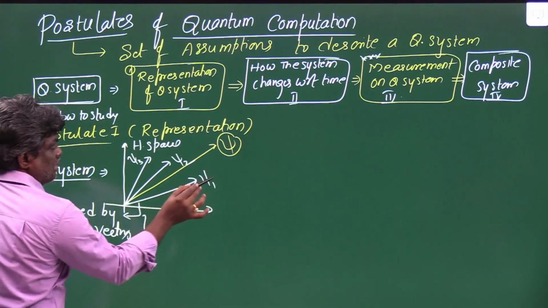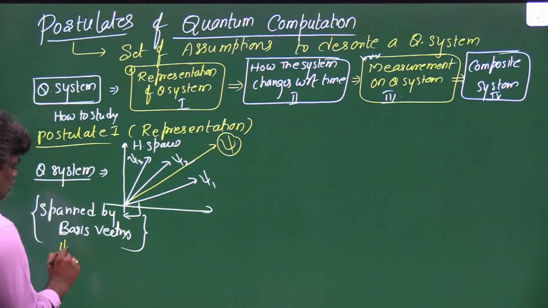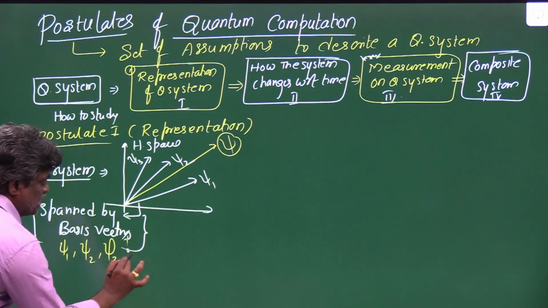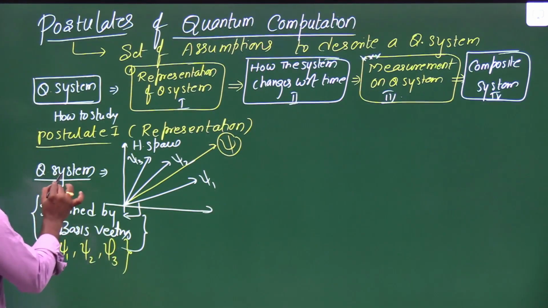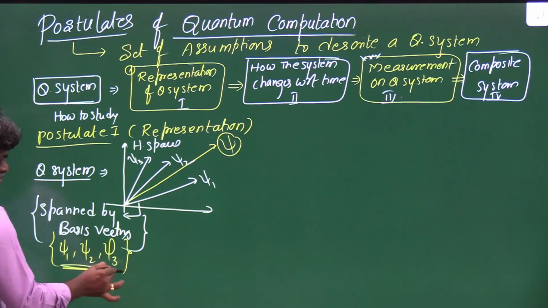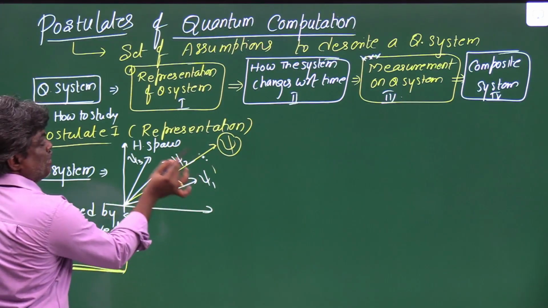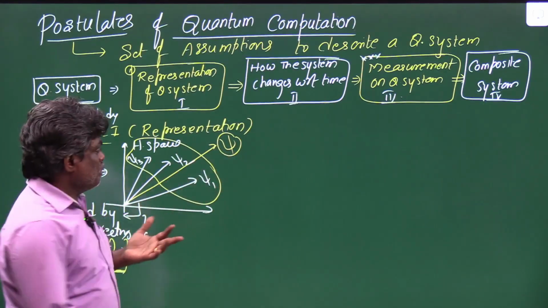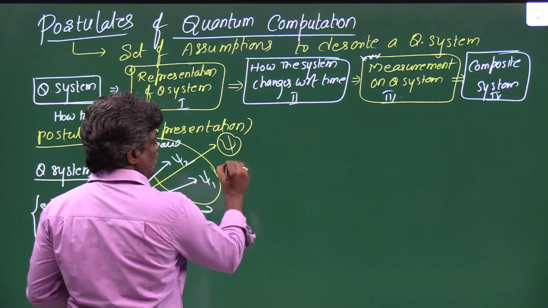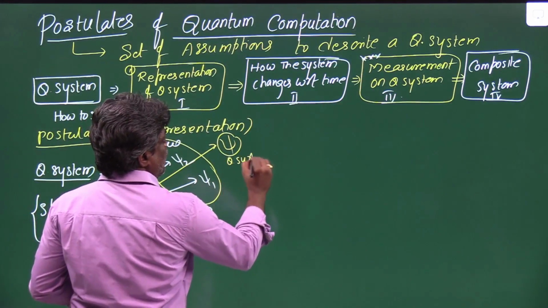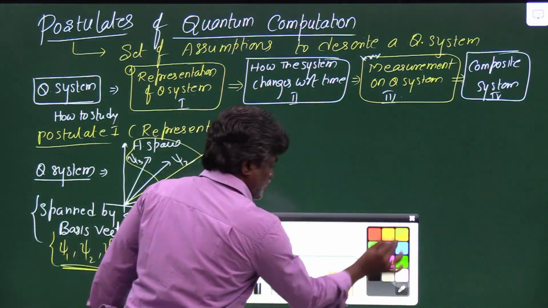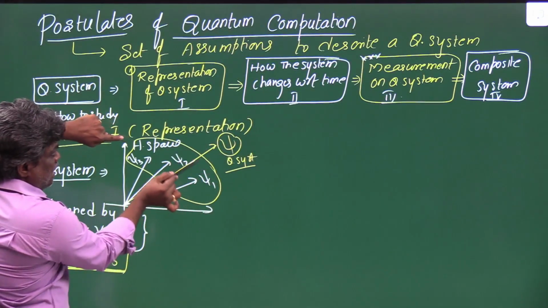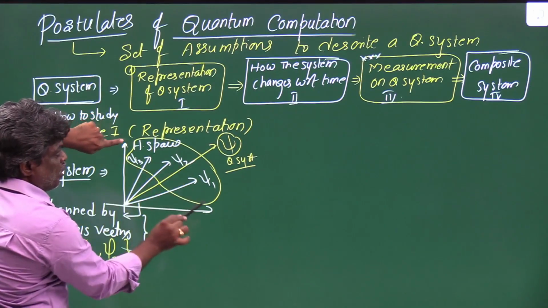Sir, that's the question that I had. Oh, this is not a Z basis actually. I will explain in the example. This is more generally I am taking. My system is having these 3 bases. Now, this is my quantum system that is represented by a wave function. So how to write this wave function? If you measure a quantum system, definitely it will be in any one of the bases.